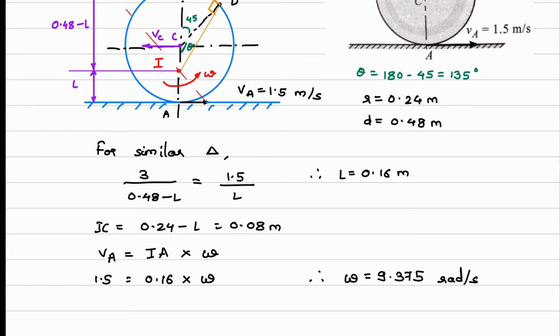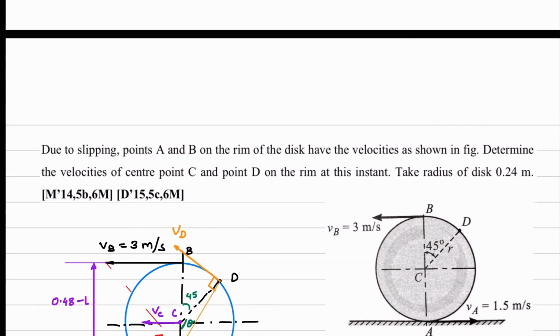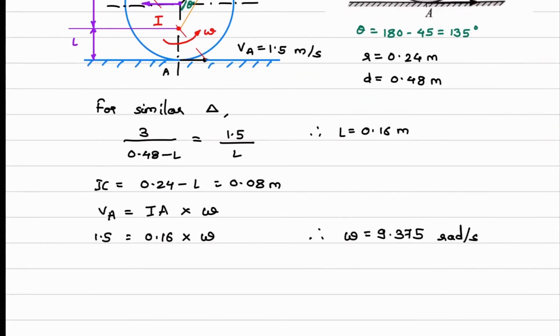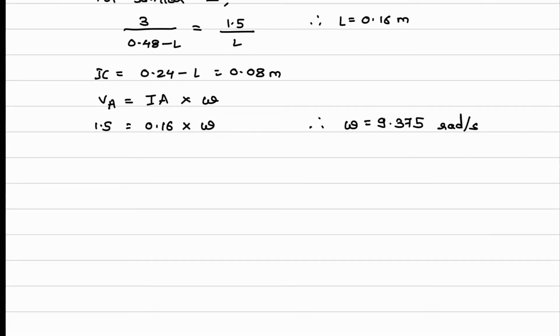Now since I have the omega value and since I know the IC distance, I can calculate the velocity of point C. Okay, what is asked in the question? Velocities of center point C and point D, which is on the rim. So the velocity of point C, we'll calculate that part first.